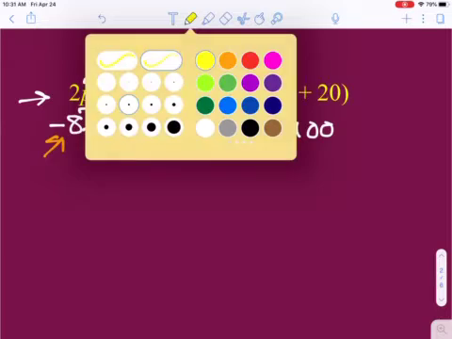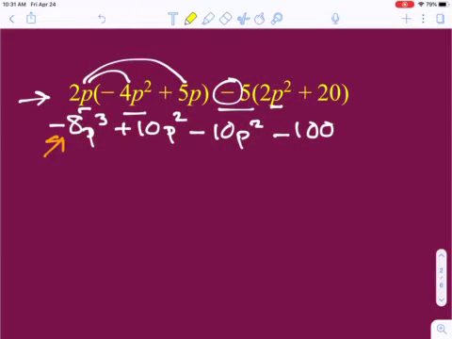All right, then if I look at my p squared, well, I've got a 10p squared here, right? Positive, and then I've got a negative here. So if I add these together, effectively they cancel out. They kind of make each other go away, all right? Because 10 plus negative 10, they're additive inverses of each other. And I can add those two terms together because the p squareds match each other.